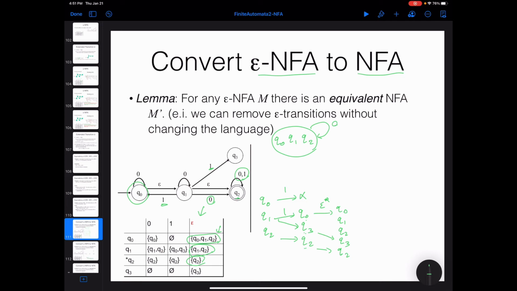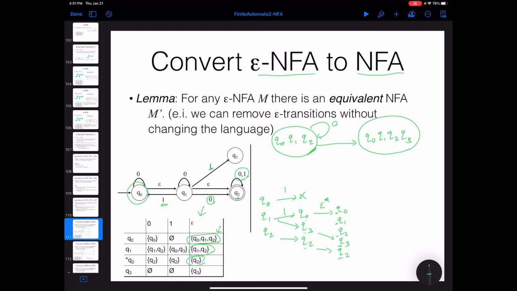Now I can see that if I apply the transition 1 over this state in my DFA, I need to create a new state, and that state is going to be labeled as Q0, Q1, Q2, and Q3. You can see that I have all of these here. So I'm going to create a new state, and okay, I will continue.